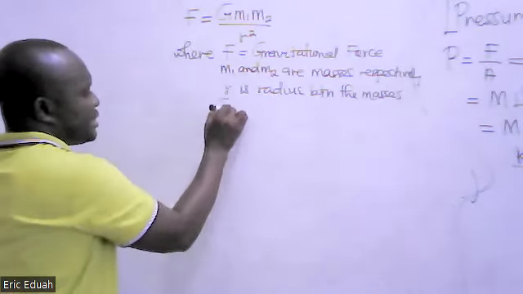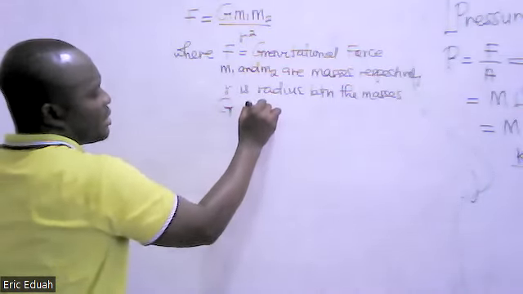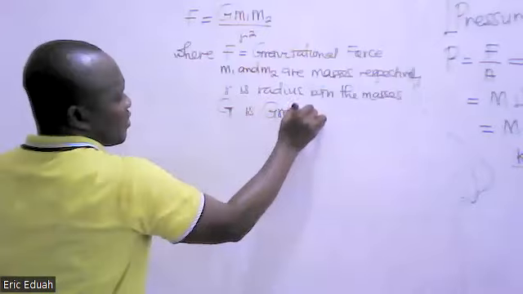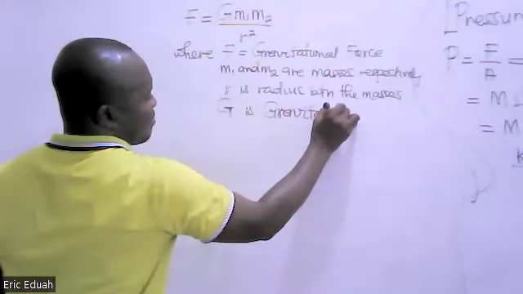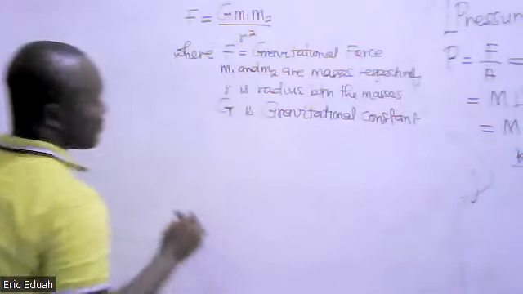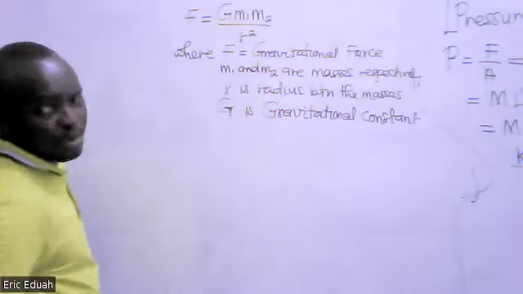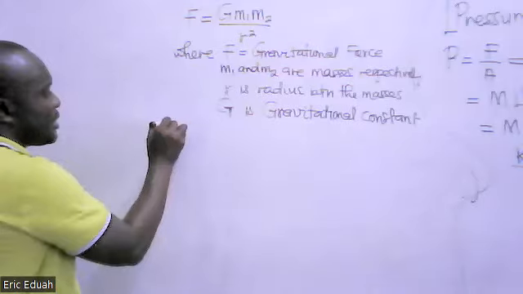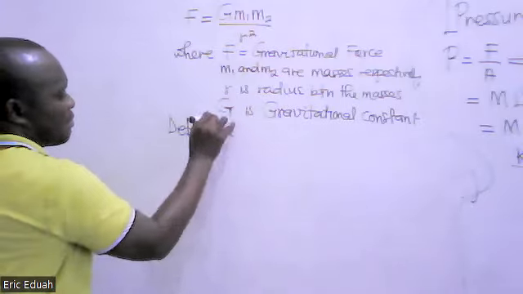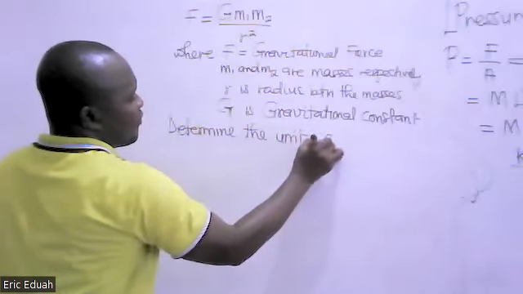And G is the gravitational constant. Meaning I'm defining the variables within the equation. The question is to determine the unit of G.